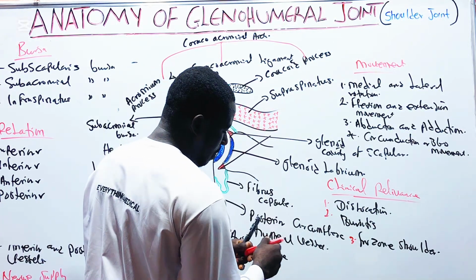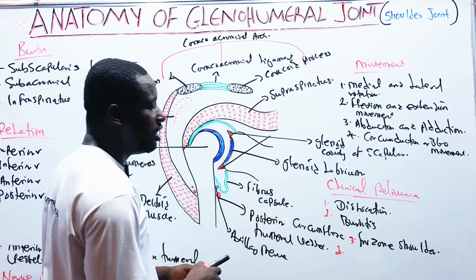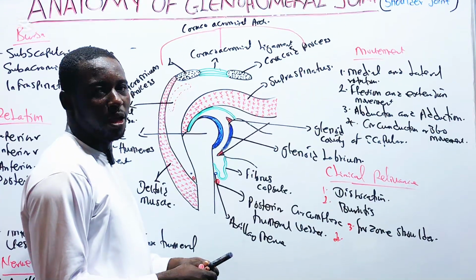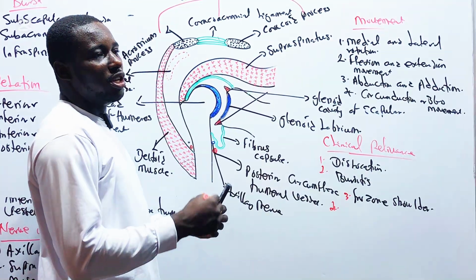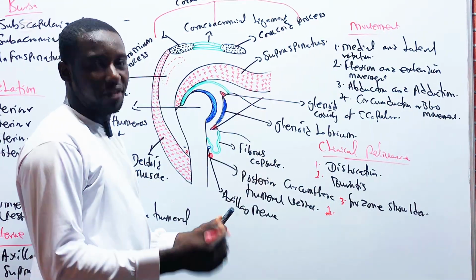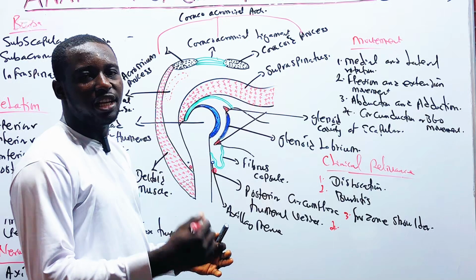So the number four that we'll be looking at is the shoulder tip pain or the referred pain of the shoulder. Why? Because when there's an injury to the diaphragm, the motor nerve of the diaphragm is called the phrenic nerve.